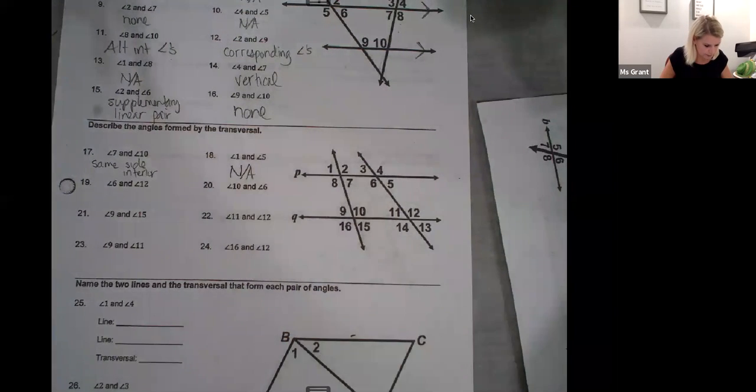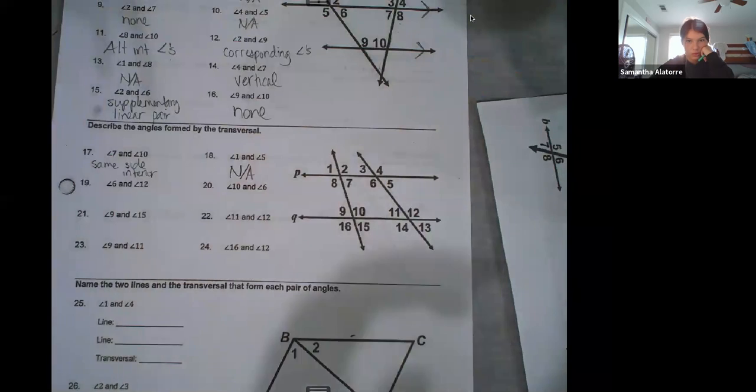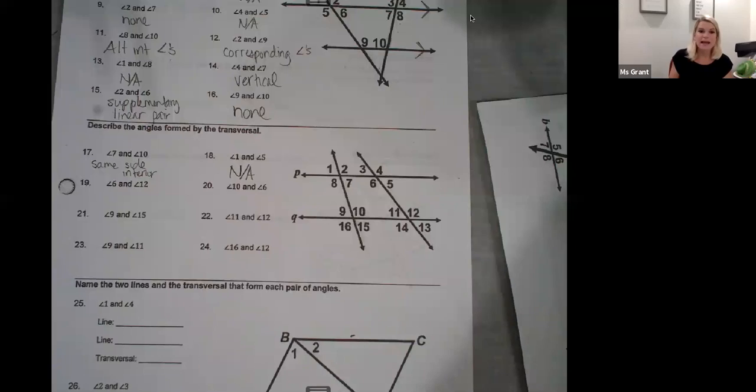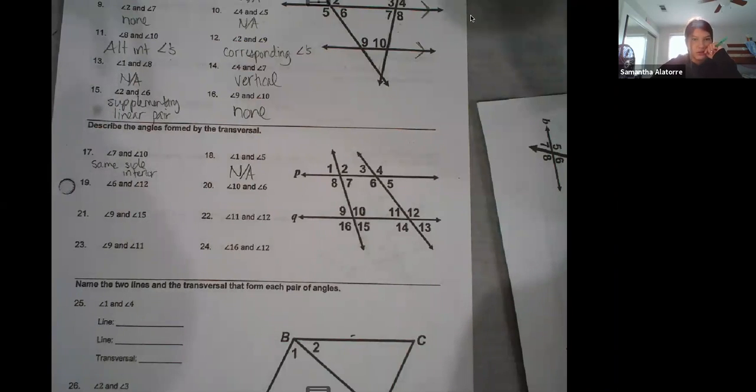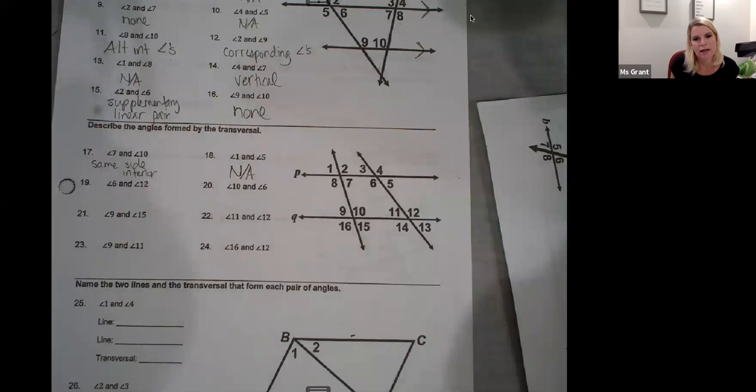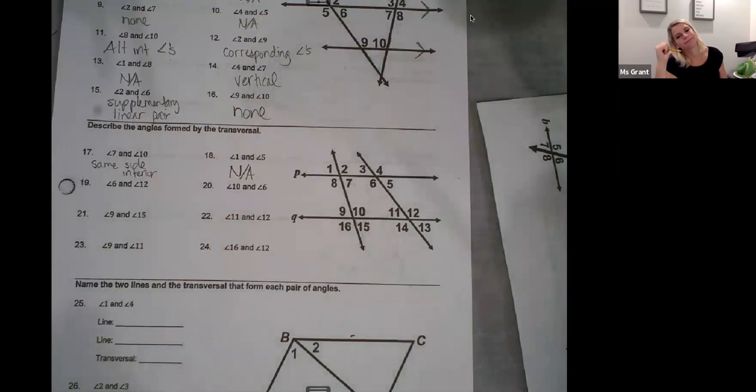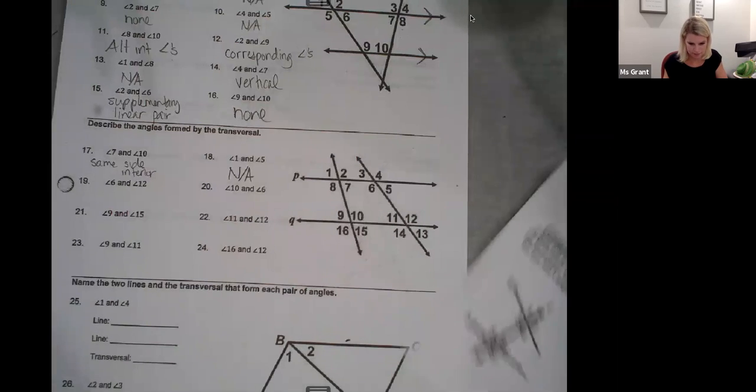19. 6 and 12. They are cut by parallel lines. Oh, I'm sorry, Samantha. I put corresponding angles. Well, they're the same size. Is it none because they're going to intersect? Or alternate. No, 5 and 11 are the alternate interior. 6 and 12 are the same size.